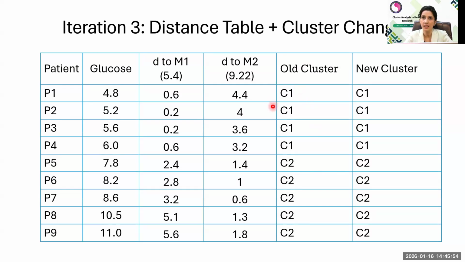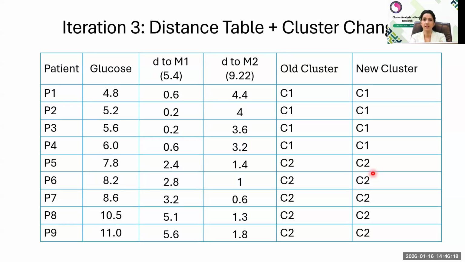In the old cluster also, the first 4 patients were in cluster 1, and the next 5 patients were in cluster 2. A similar pattern was there after the new centroid. So once it gets fixed, the software stops. For demonstration, we have shown it up till 3 iterations.